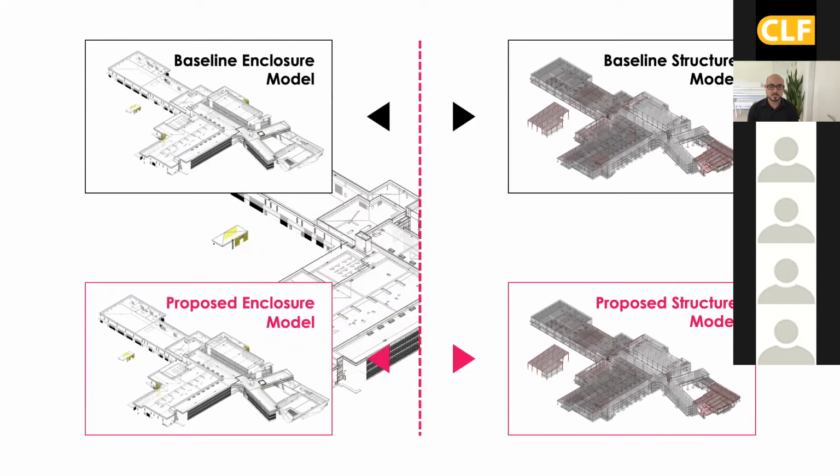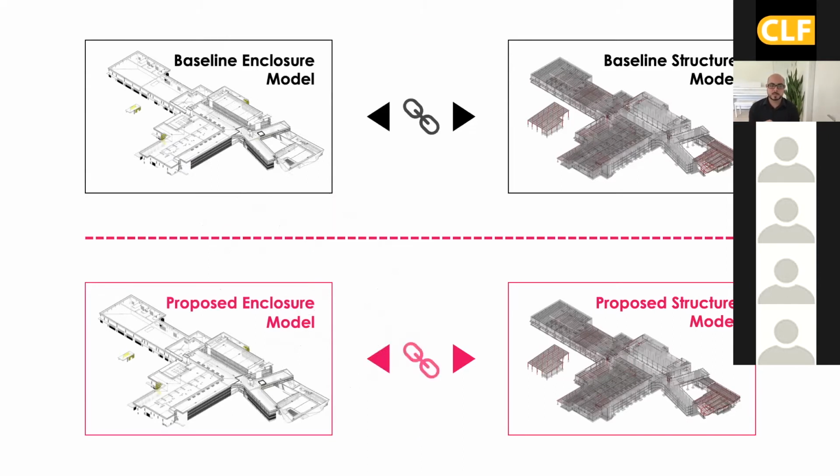And then eventually you link the two, the baseline enclosure and the baseline structure to each other. You create your LEED baseline, and your proposed structure and proposed enclosure, and you create the LEED proposed model. Now, the reductions would be from the baseline to proposed, basically the 5%, 10%, or 20% that I mentioned.